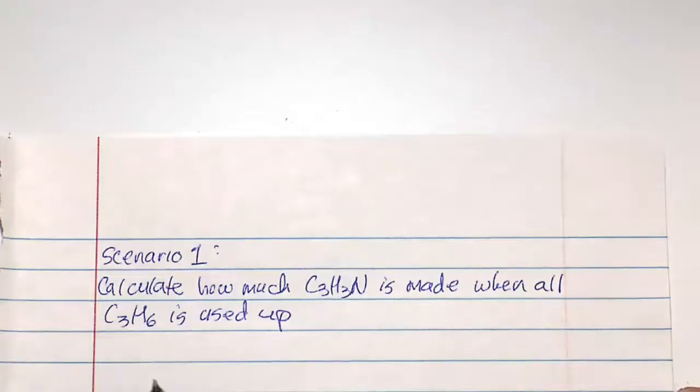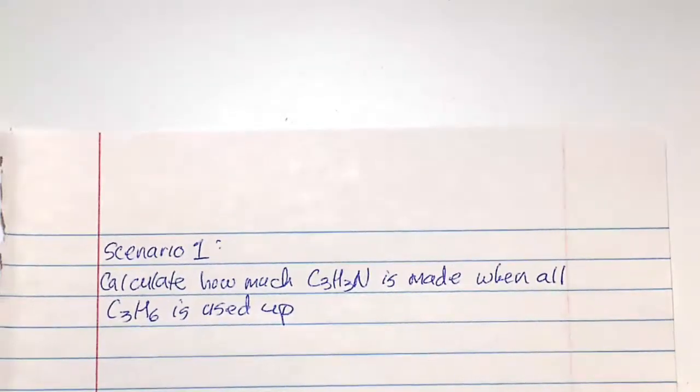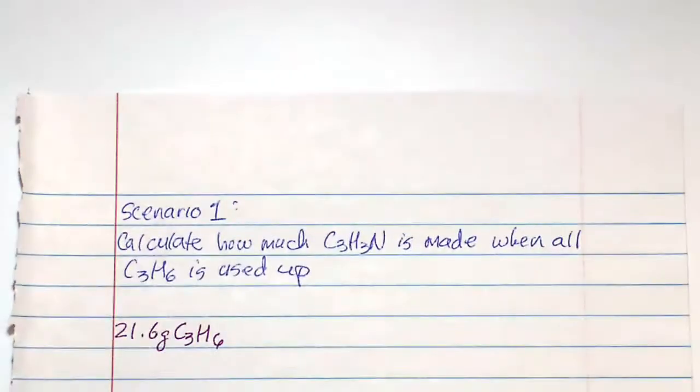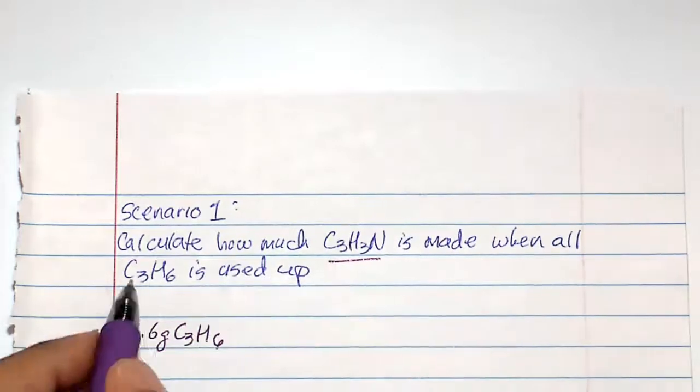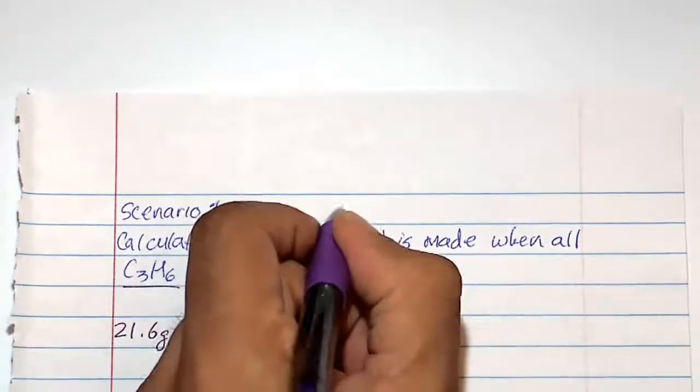So our first scenario is to calculate how much of this acrylonitrile product is made when all of the propylene gas is used up. So we started off with 21.6 grams of this C3H6 as our starting material. And now let's use stoichiometry to determine how much of this product you will make if all of this reactant is used up.